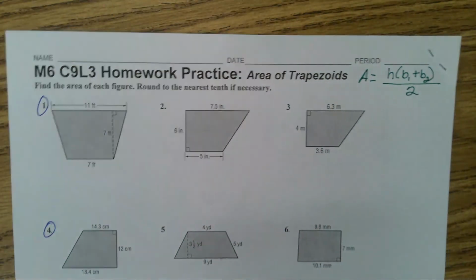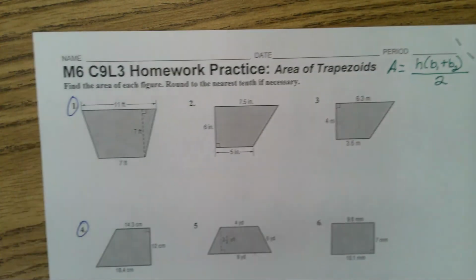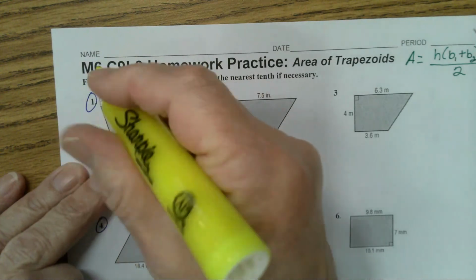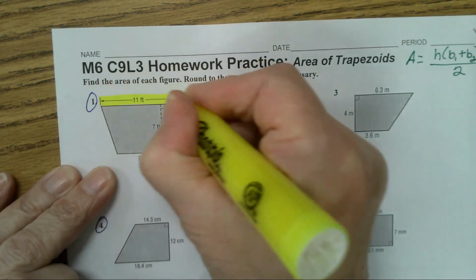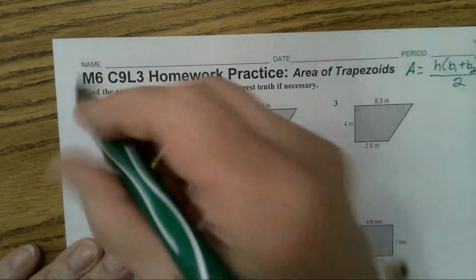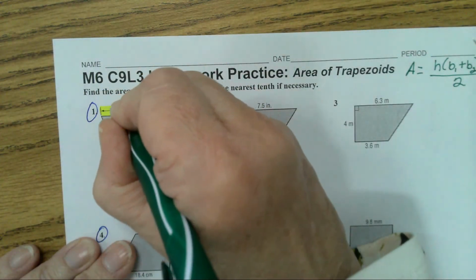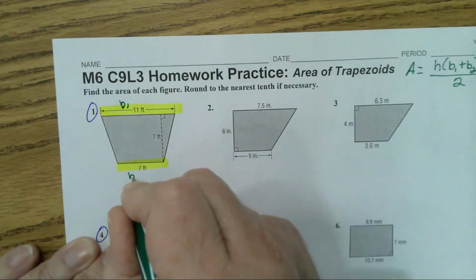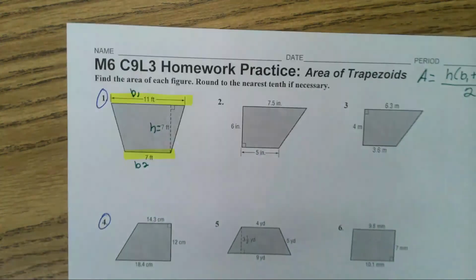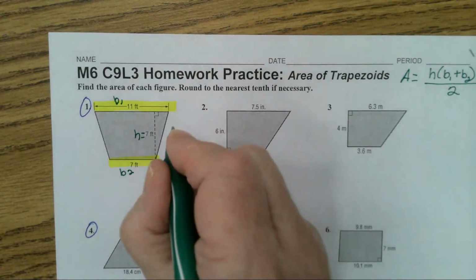All right, so in problem number 1, these are my bases. They are the sides that are parallel. It doesn't matter which one is B1 and which one is B2. I'm going to say this is B1 and this one is B2 and this is my height. So let's write the information down.